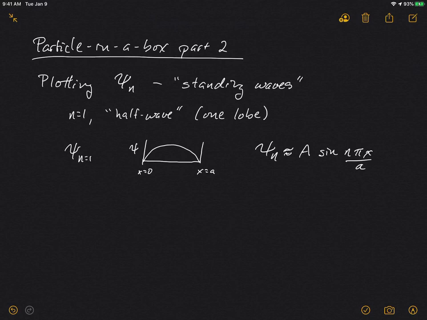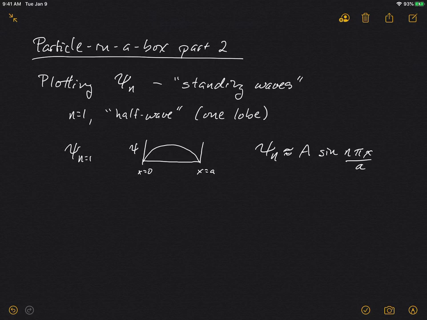And so if we set n equals 1, then we're going to be looking at the sine of basically from x equals 0 to x equals a. So we would be looking at sine over the range of 0 to pi.